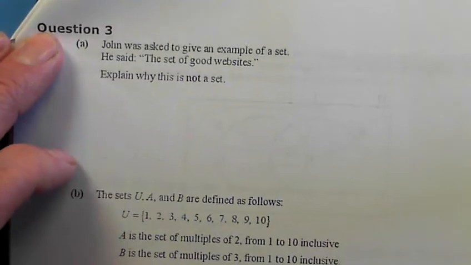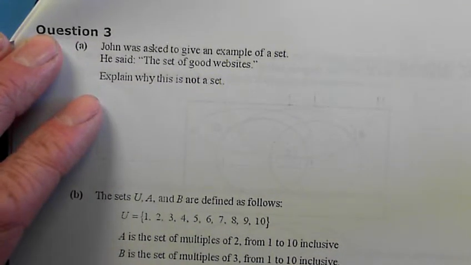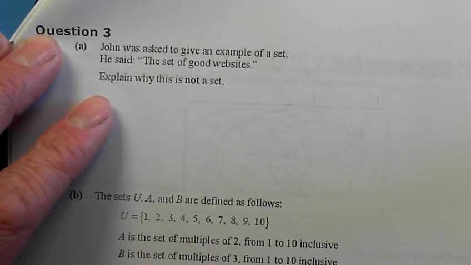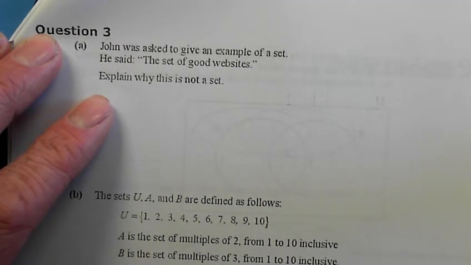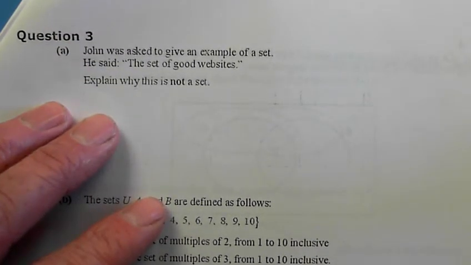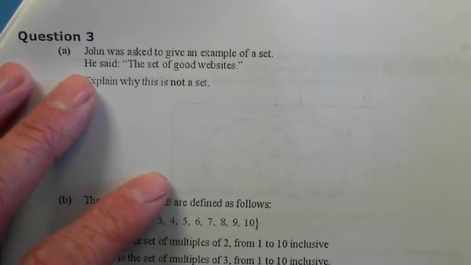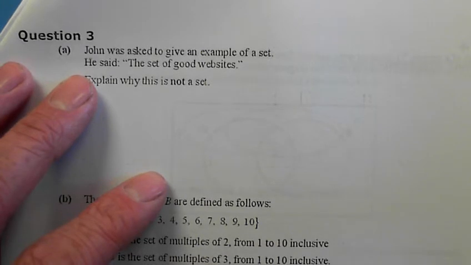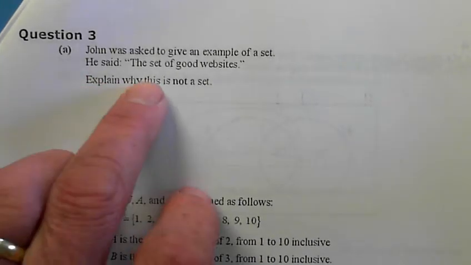Question 3. John is asked to give an example of a set. He said, the set of good websites. Explain why this is not a set. Well, the person who asked John wanted mathematically an element, but he just said websites randomly.